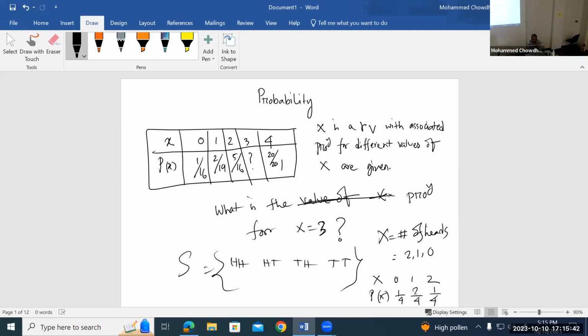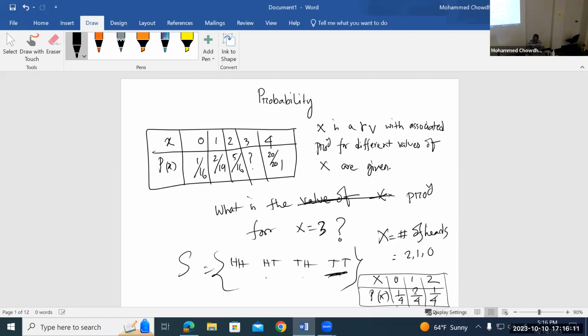Do you agree with that? 0 heads is only 1 sample point out of 4 sample points, so that is the probability distribution for the random variable X. Then X equal to 1 is 2 over 4, because 1 head can occur in 2 ways. X equal to 2, that means 2 heads, is 1 over 4, right?